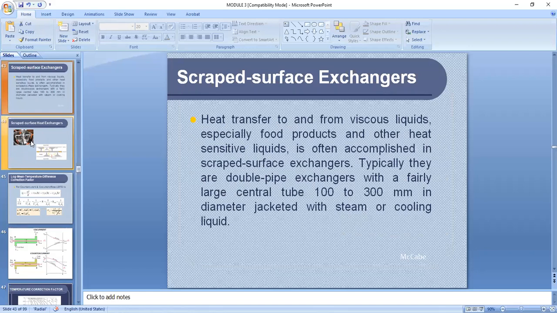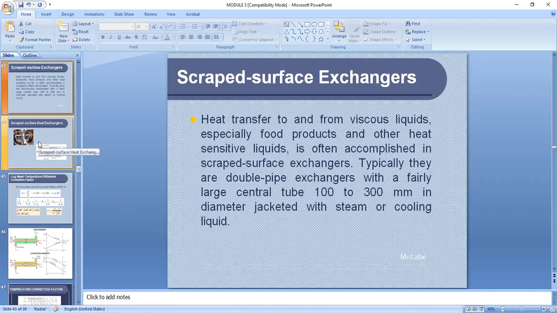Typically, they are double pipe exchangers with a fairly large central tube, with a diameter ranging from 100 to 300 mm, and it is jacketed. So it has steam as the heating medium, or it can have regular water as the cooling medium.